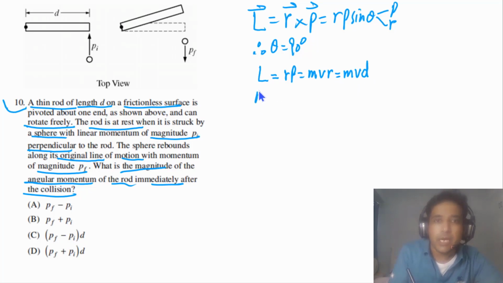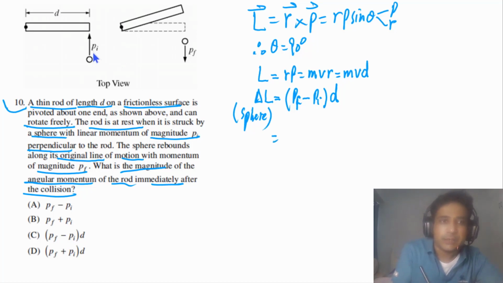So we can also calculate change in angular momentum by simply writing final linear momentum minus initial linear momentum, times d, for the sphere. So we are talking about the sphere here.